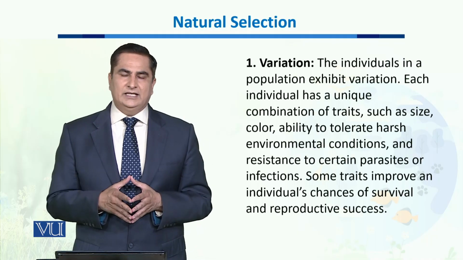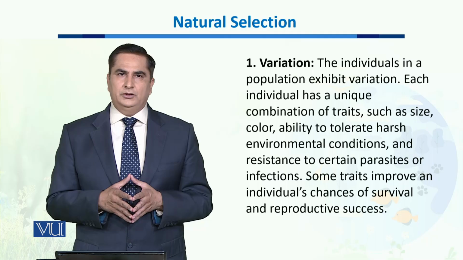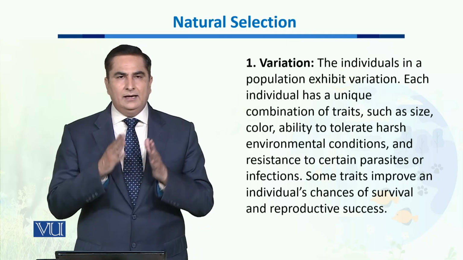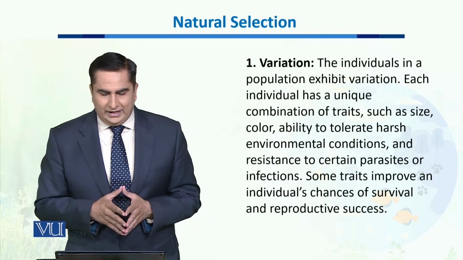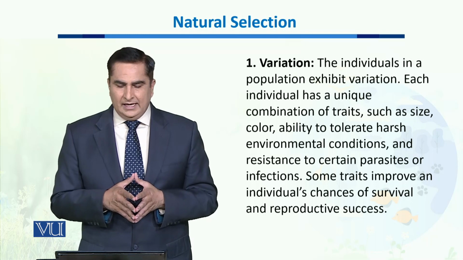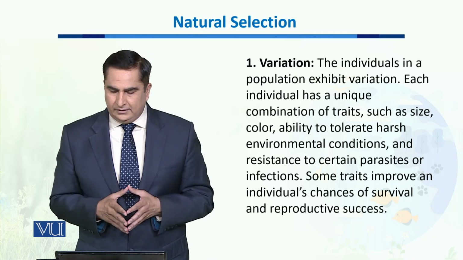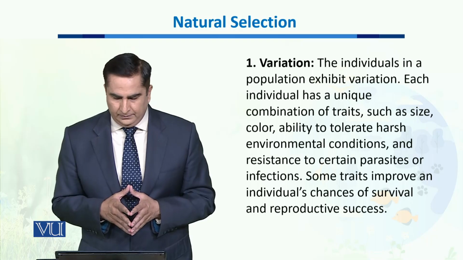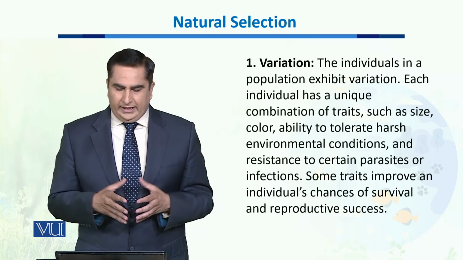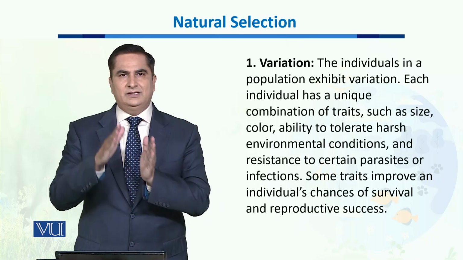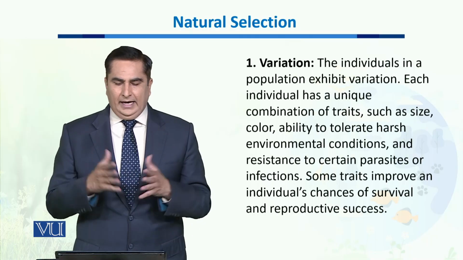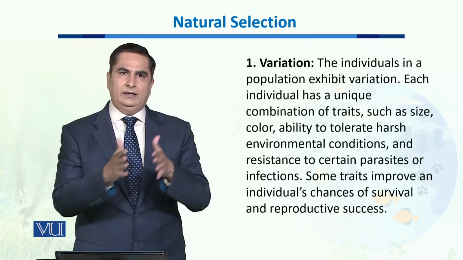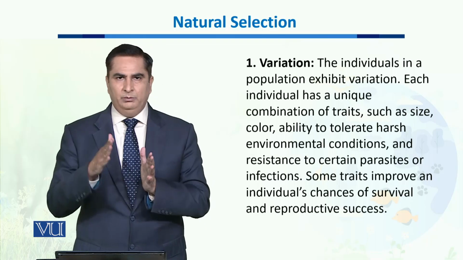Each individual has a unique combination of traits such as size, color, ability to tolerate harsh environmental conditions, and resistance to certain parasites or infections. Some traits improve an individual's chance of survival and reproductive success better than other organisms with the passage of time.